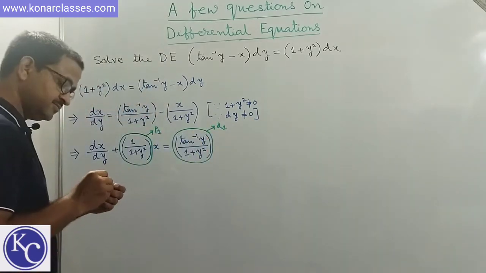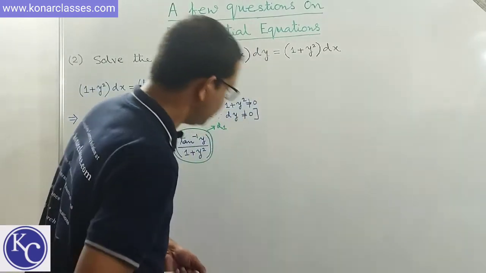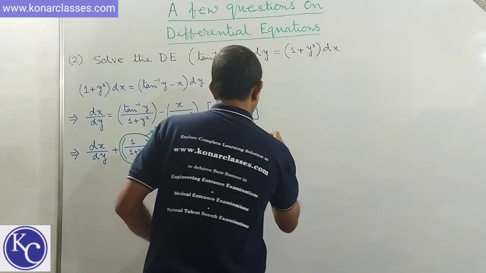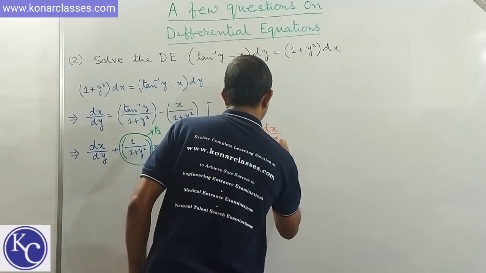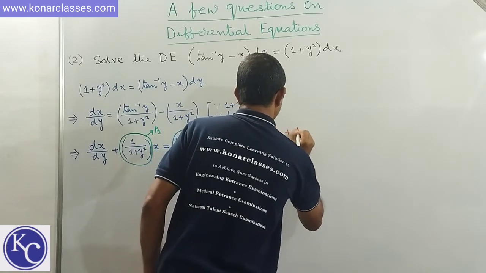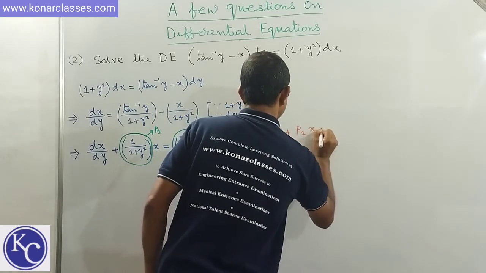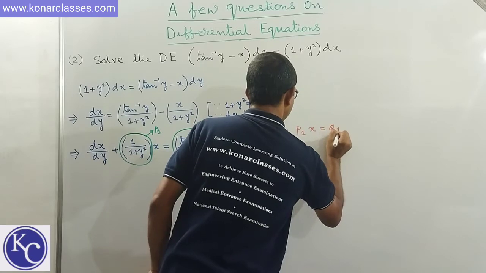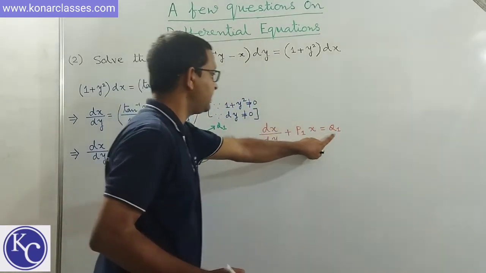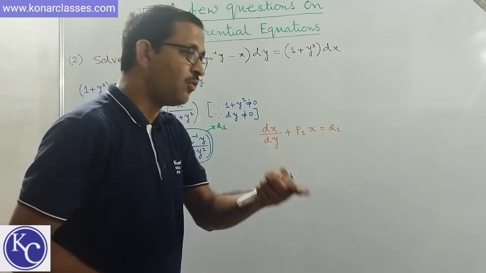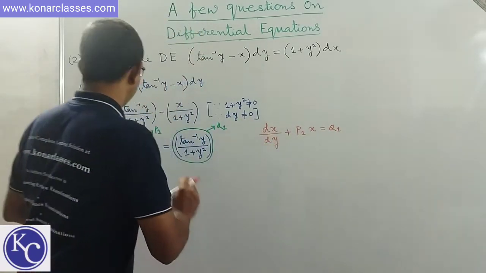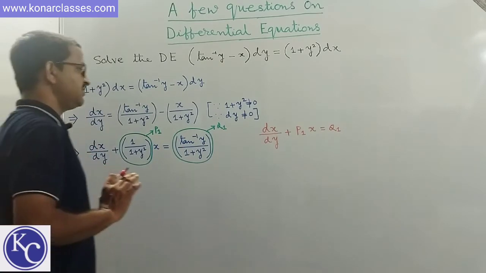If you recall, when we discussed linear differential equations, if we have a differential equation like dx by dy plus p1 into x is equal to q1, where p1 and q1 are either constants or functions of y only, then we call this a linear differential equation.